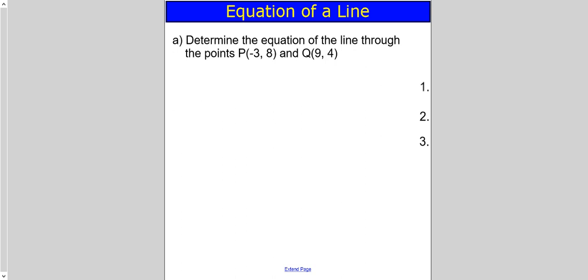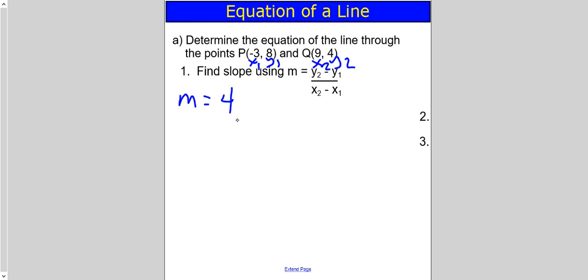Okay, hopefully you're back and you've given it a try. So you remember that your first step was to find slope. And of course, I am going to go ahead, x1, y1, and x2, y2. And I'm going to find my slope. So 4 minus 8 over 9 minus -3.